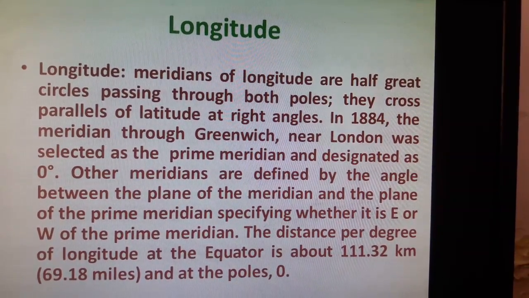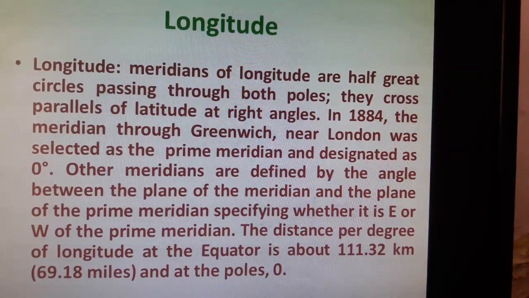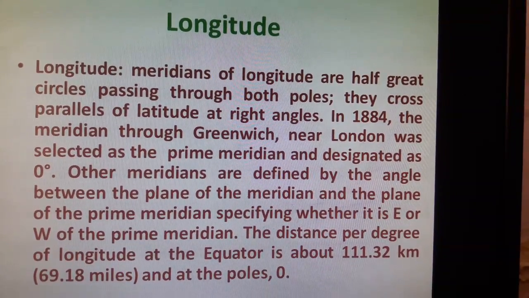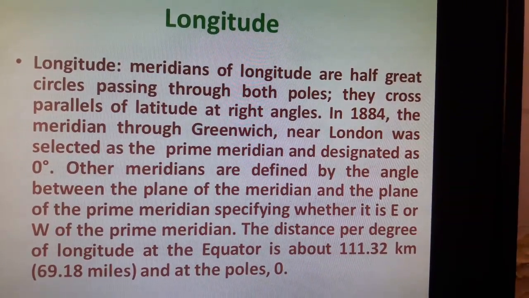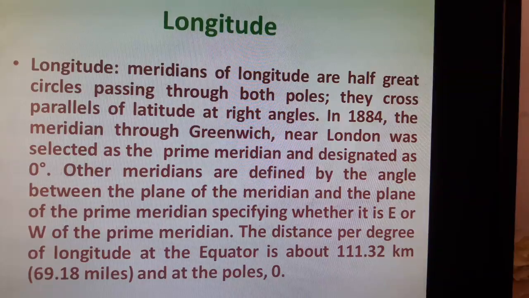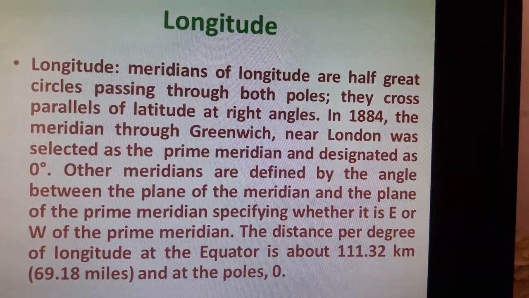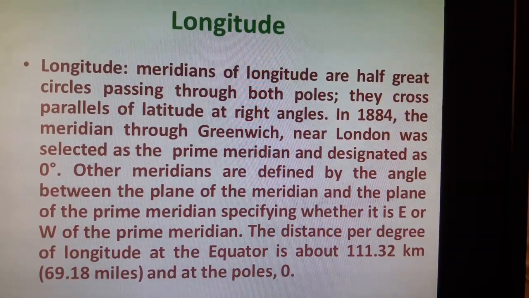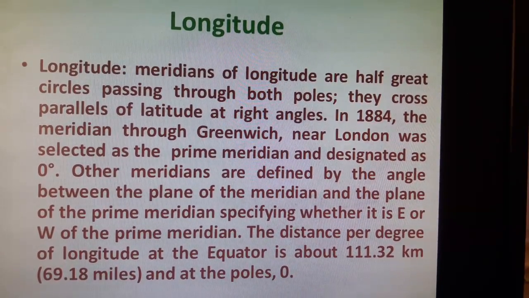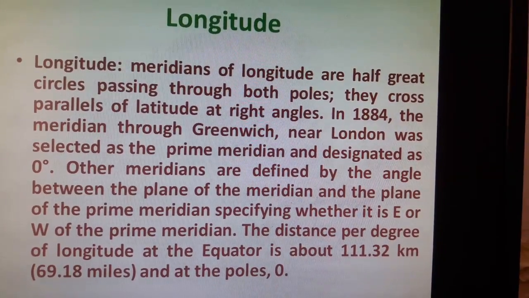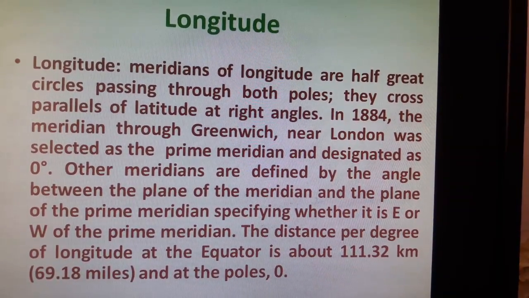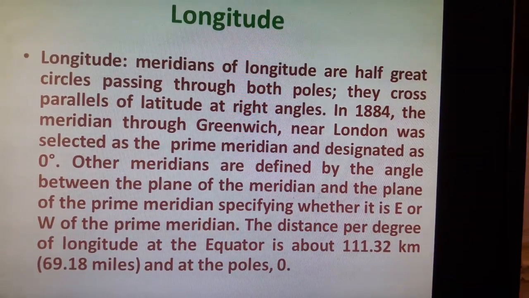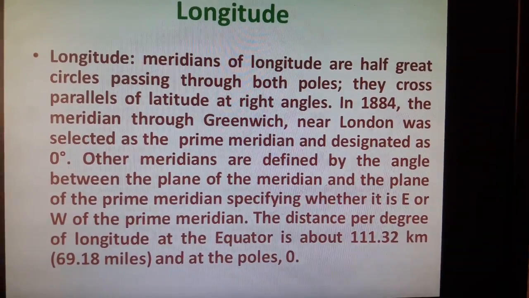In 1884, the meridian through Greenwich near London was selected as the prime meridian and designated as 0 degree. Other meridians are defined by the angle between the planes of the meridian and the plane of the prime meridian, specifying whether it is east or west of the prime meridian. The distance per degree of longitude at the equator is 111 km and at the pole is 0 km.